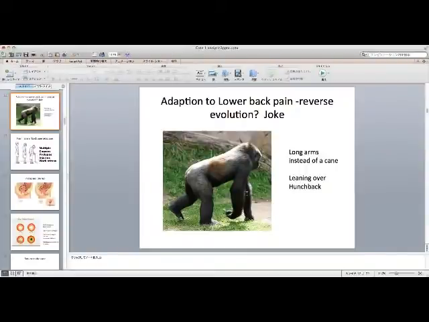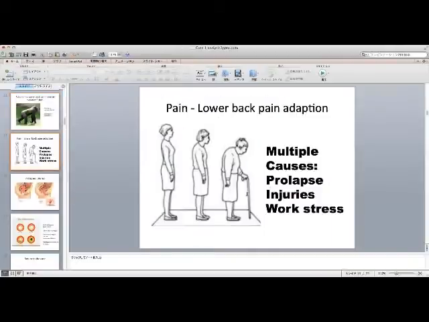Now, this is kind of a joke, but has this gorilla adapted to lower back pain by getting long arms instead of a cane and hunching over? This shows the progression of pain in the lower back. And there are multiple causes for this final state of her elderly state. I'm suggesting she could have a prolapsed uterus.